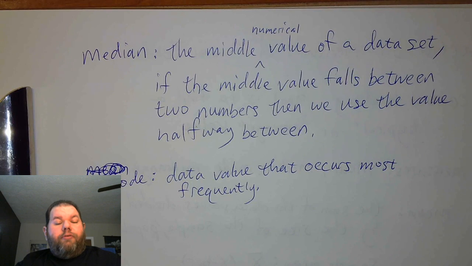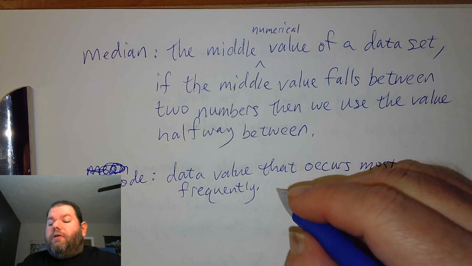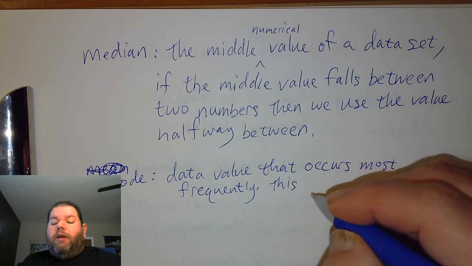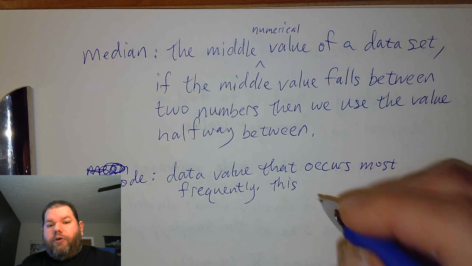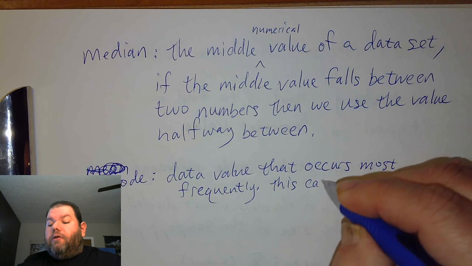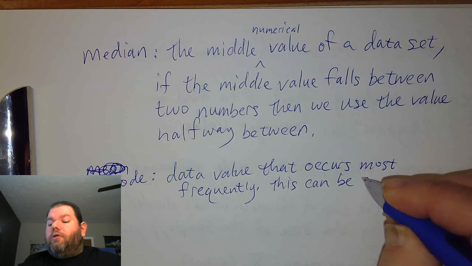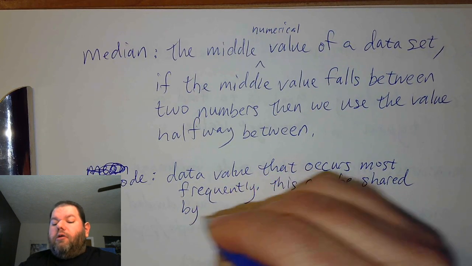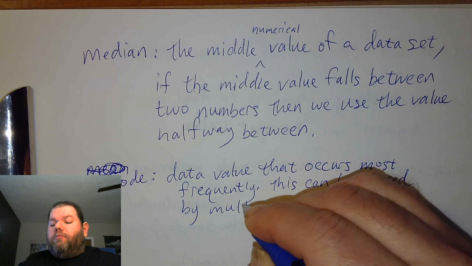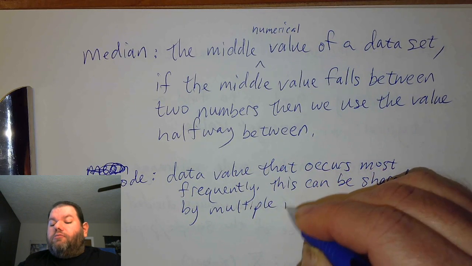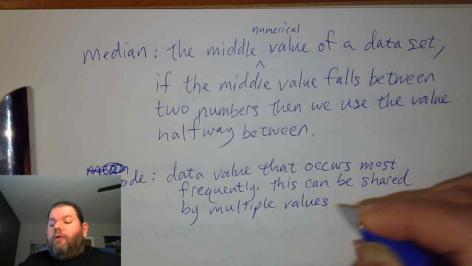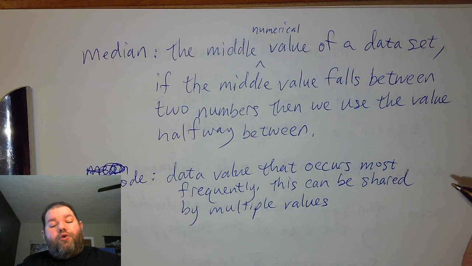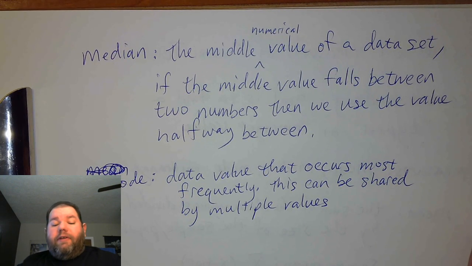And this can be shared by multiple values. So it may be that our dataset has more than one mode. Okay, so we can have more than one mode in a dataset if they have the same frequency. That's the main thing.